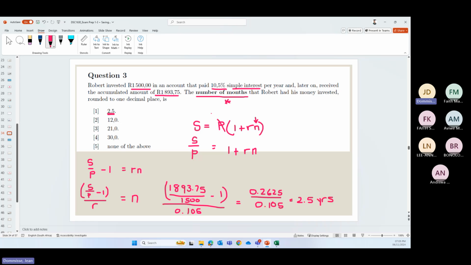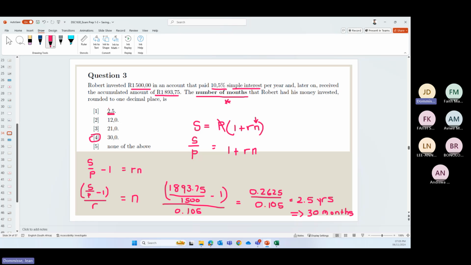They want the answer in number of months. So we need to multiply that by 12 to get the months, which is 30 months. Okay, so again, very important here is that yes, they give us the years.